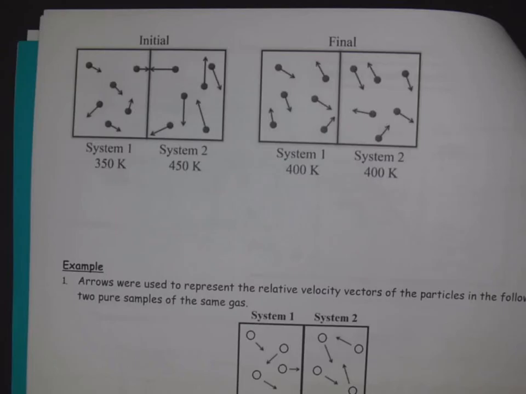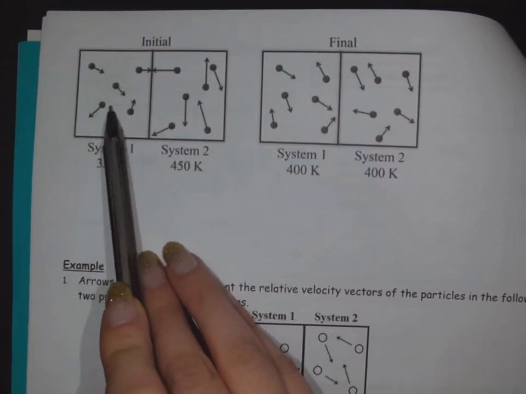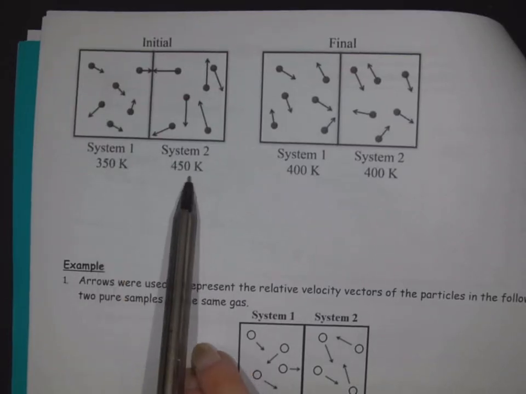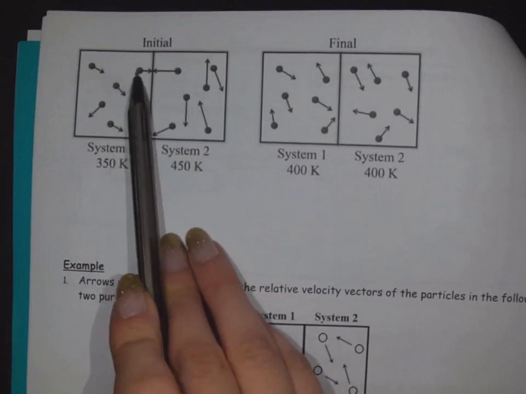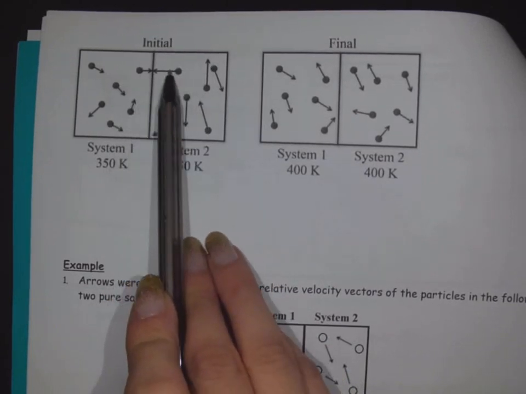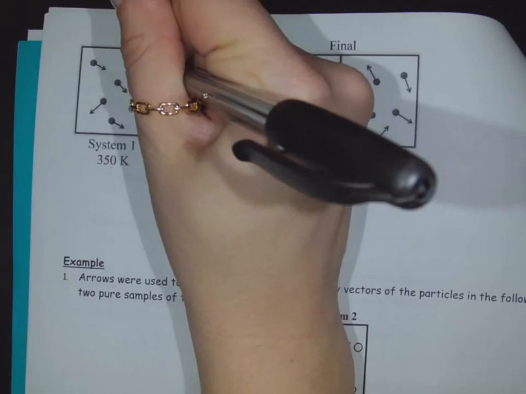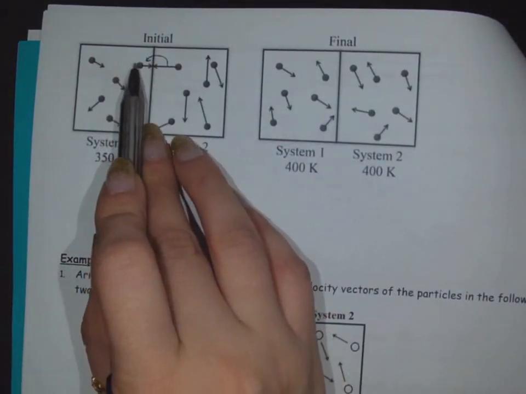But the idea here is if we look at two items or two systems, and one starts with a lower average kinetic energy, and that's what we see, the temperature being lower, and then one has a higher average kinetic energy. When items from each system run into each other, some of this energy will be transferred to this guy. So it's going to lose energy here and gain energy there.